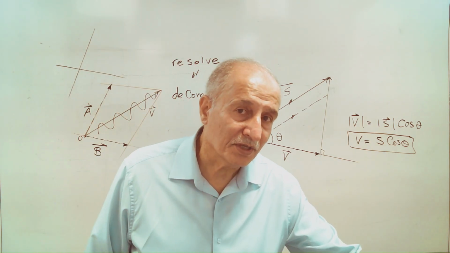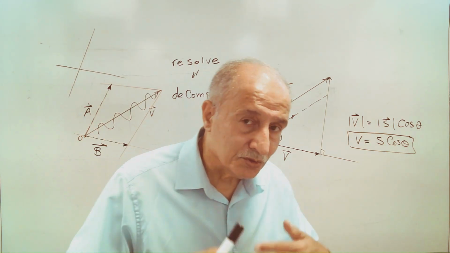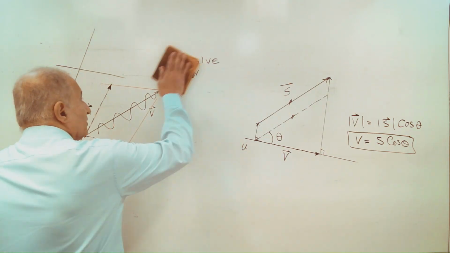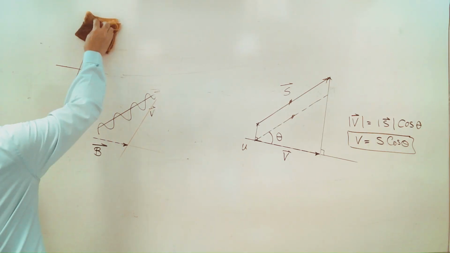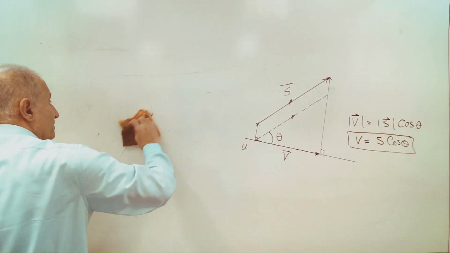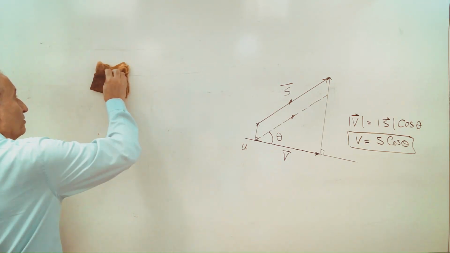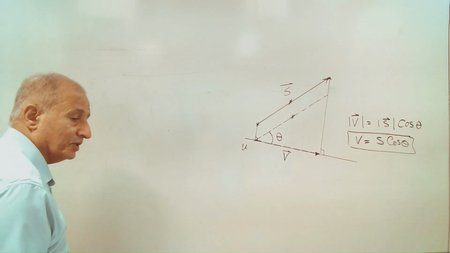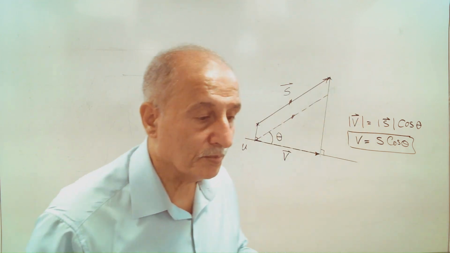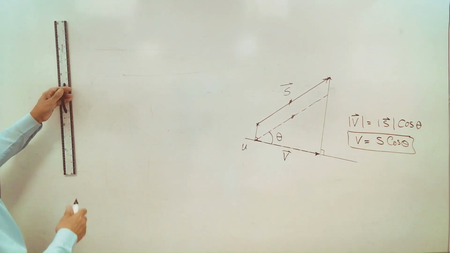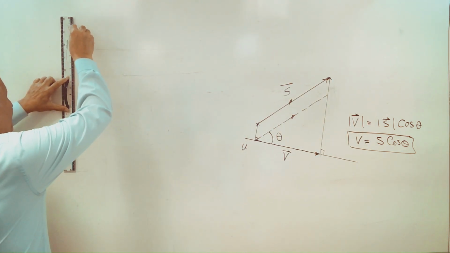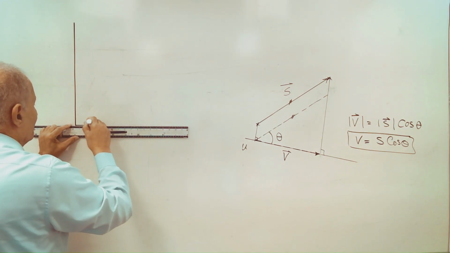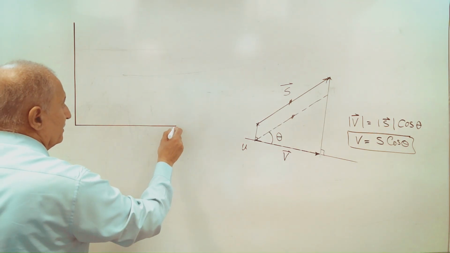Okay, we want to go to the next step, which means resolving a vector in Cartesian or rectangular coordinates, where the axes are perpendicular to each other. First, we consider two dimensions, where we have only x and y axes in a plane.